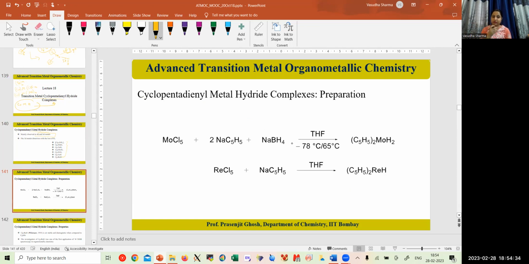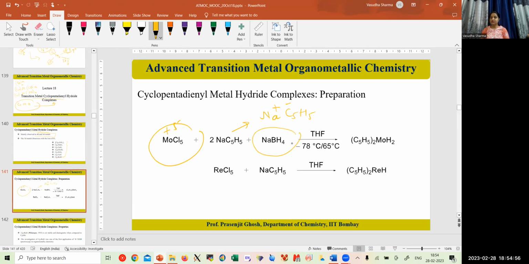So now the question comes with the preparation method. Here we have taken a metal halide, molybdenum chloride, where molybdenum is +5. Now we have taken sodium C5H5, which is Na positive and C5H5 negative. This is Cp negative, and this can replace easily with the loss of NaCl.